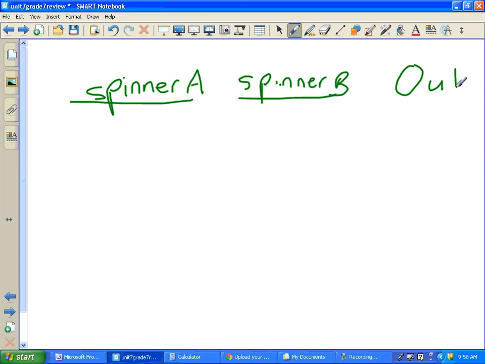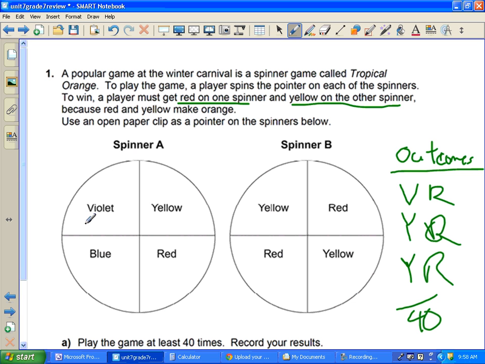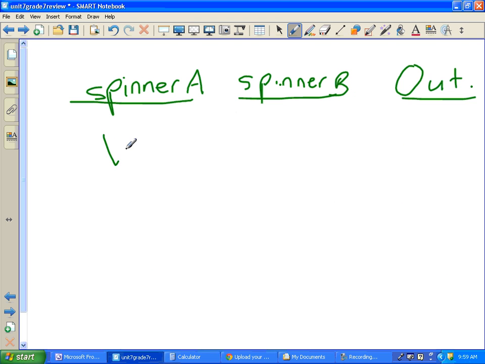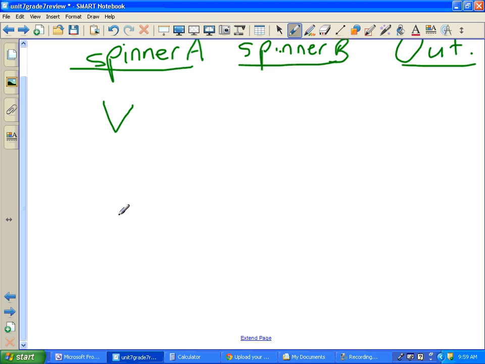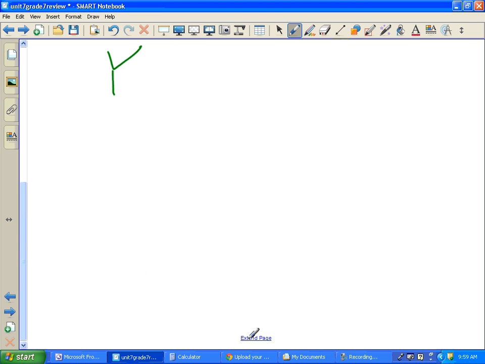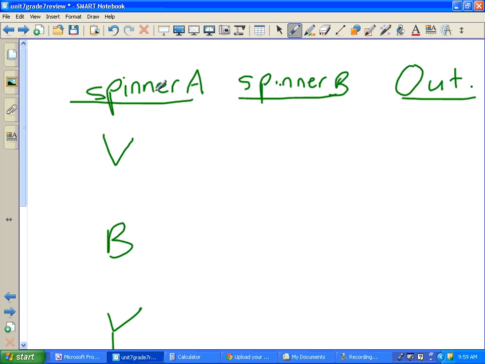Then we're going to see how many times we get what we're looking for. So for spinner A, what are our four possibilities? If you look back, there's violet, yellow, blue, and red. So V, Y, B, and R. I'm going to put violet, and give myself some space, blue, yellow, and of course, red. So that's my four possibilities for spinner A. If we get a violet and then we do spinner B, what are our four possibilities?